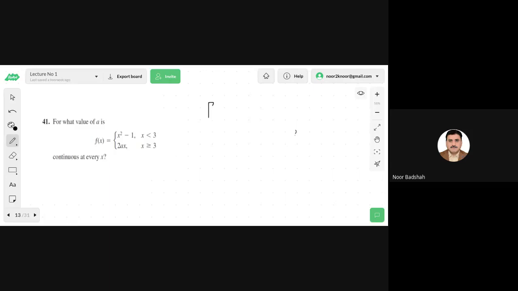Polynomials are continuous for all x in the domain.